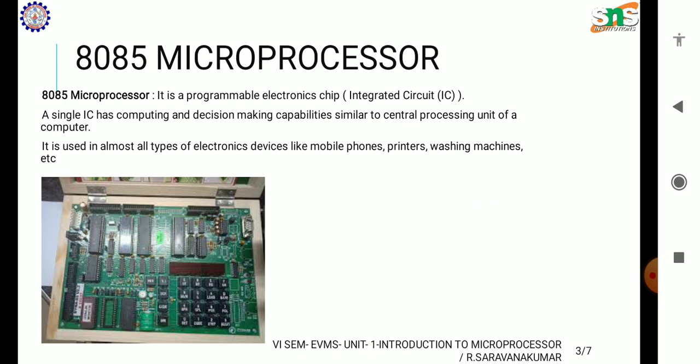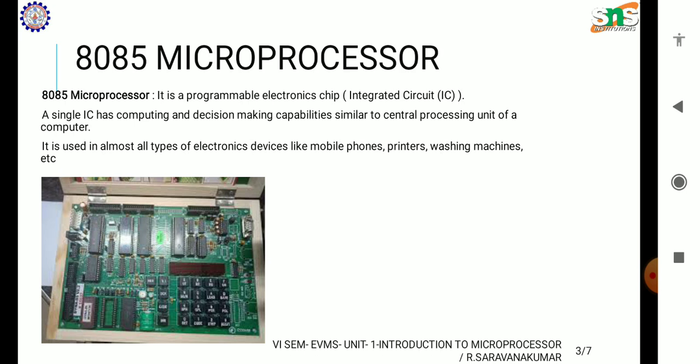In the 8085 microprocessor, there is a chip called an integrated circuit. It is an electronic chip that is already programmed. Along with that pre-programmed data, it is able to process the values by means of supporting devices such as resistors and transistors, and then it gives the output result.